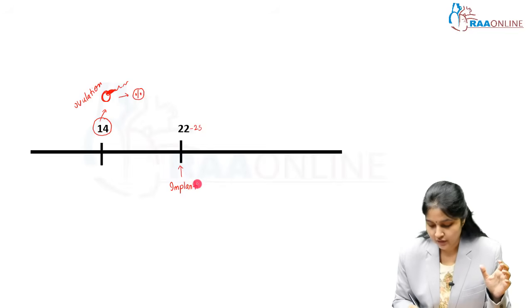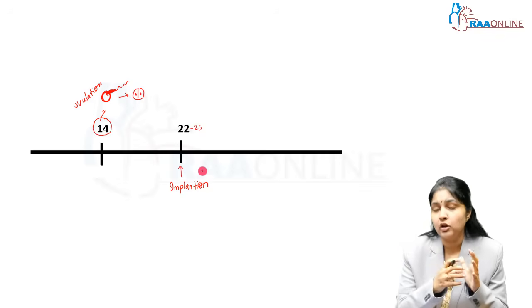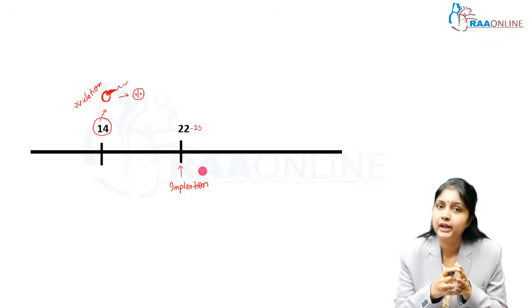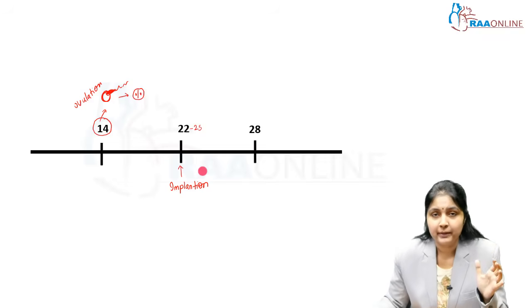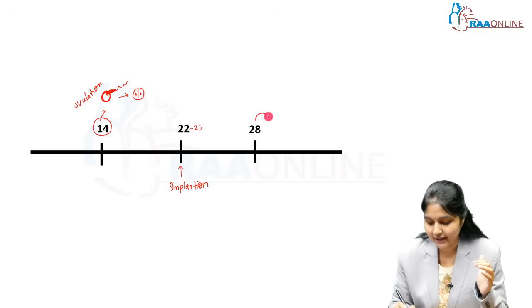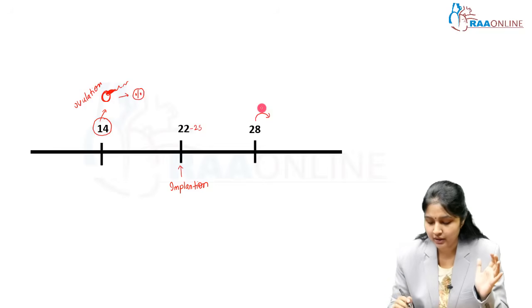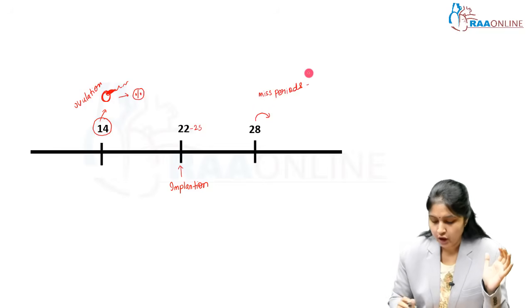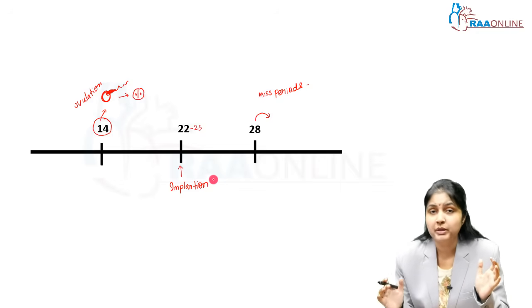Implantation is the process by which the early embryo attaches itself very firmly onto the uterine surface. Around the 28th day, you will expect the next periods to come, but if pregnancy has happened, she will miss her periods at this point. Following implantation, the next few days are very important for the development of the placenta and the early embryo.